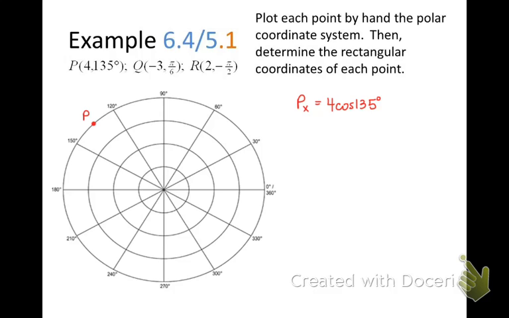But what is the cosine of 135? Negative root 2 over 2. Yep. And then you've got 4 times negative root 2 over 2. So the 4 is going to cancel with this denominator 2 to become 2. So this is going to be negative 2 square root of 2.